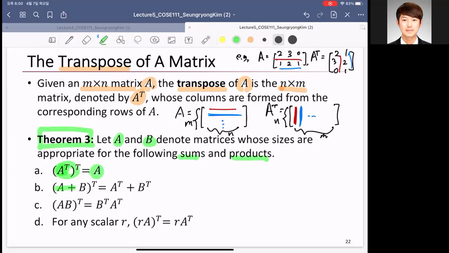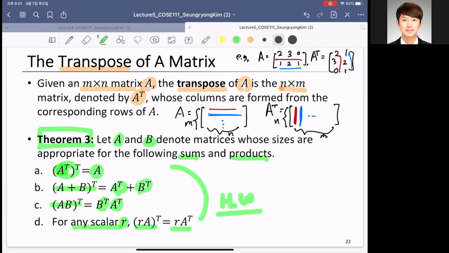The transpose of A plus B is A transpose plus B transpose. The transpose of A times B is equal to B transpose times A transpose. And for a scalar r, the transpose of rA is r times A transpose. These are other properties of matrices. This is the final homework.